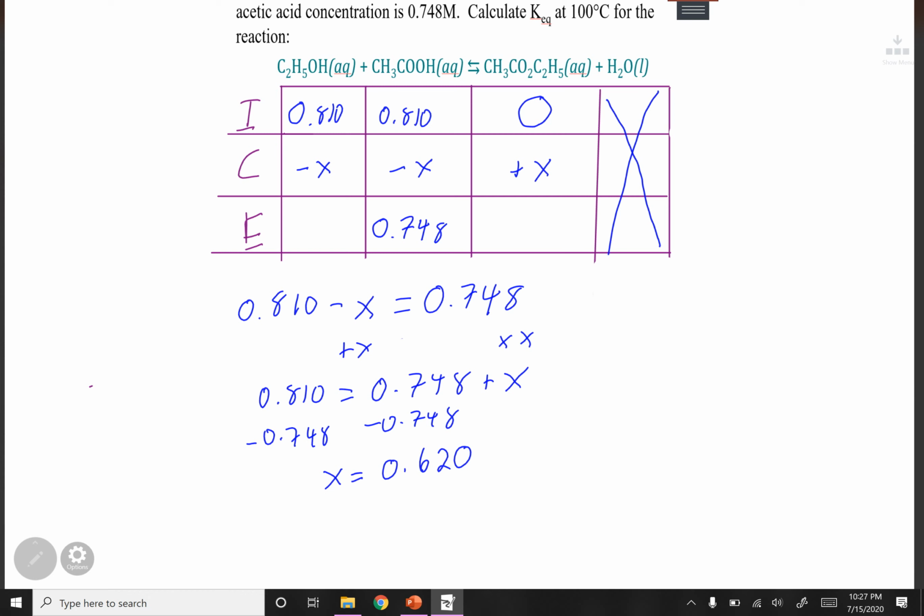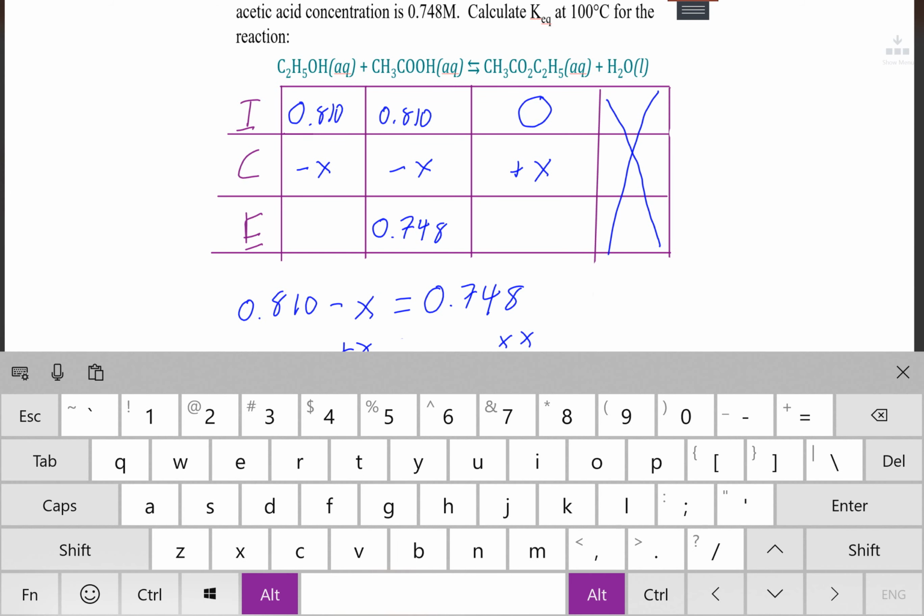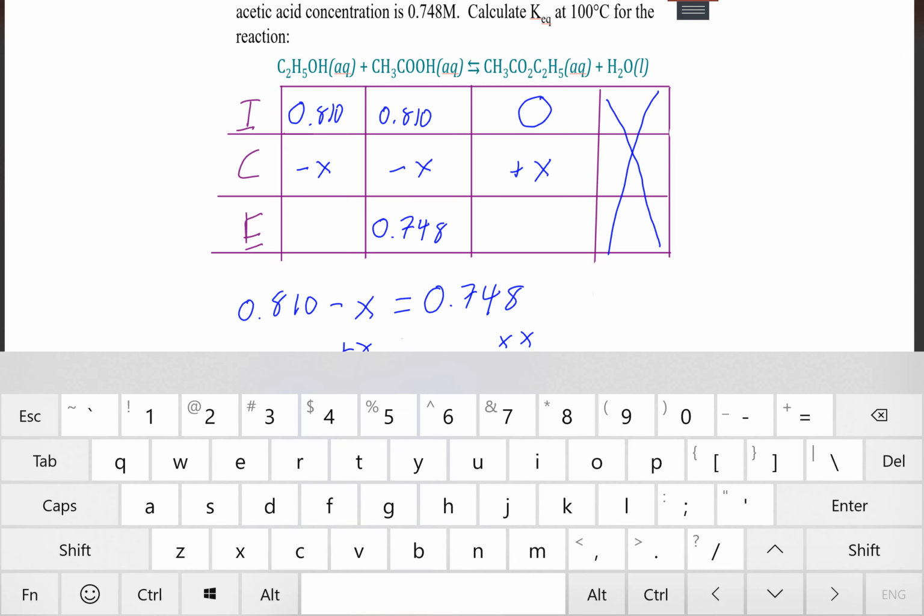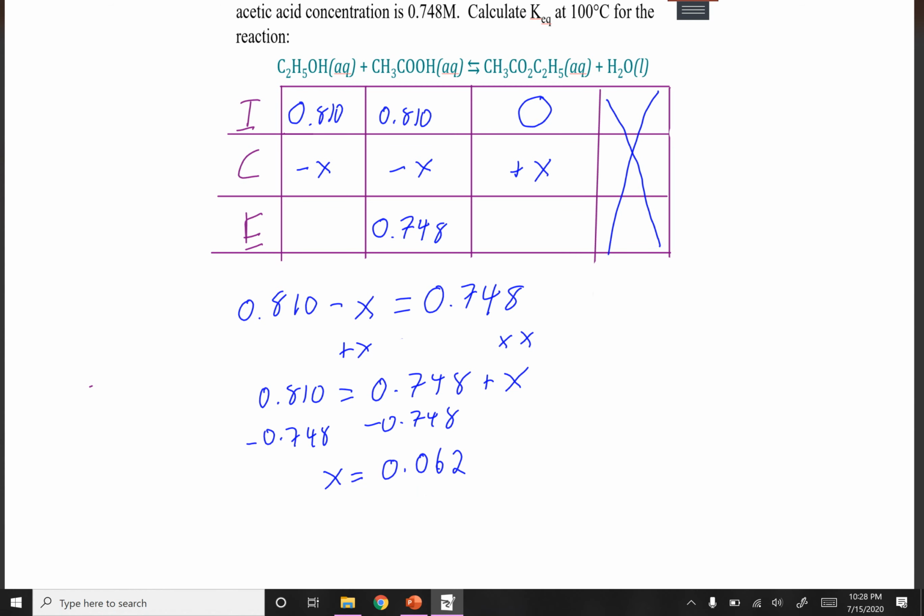We can actually keep one more sig fig there. I made a little mistake there. Let me just double check that. Okay, yeah, so that's our right value. So that means that x is equal to 0.062.